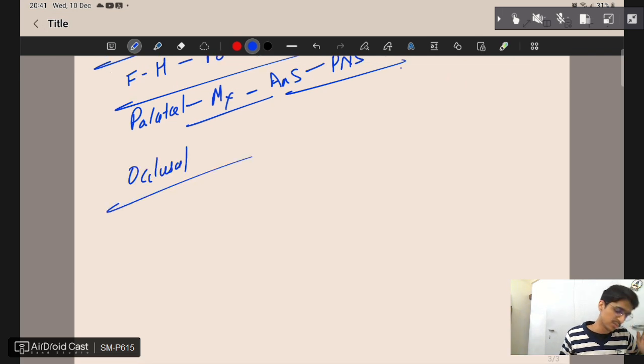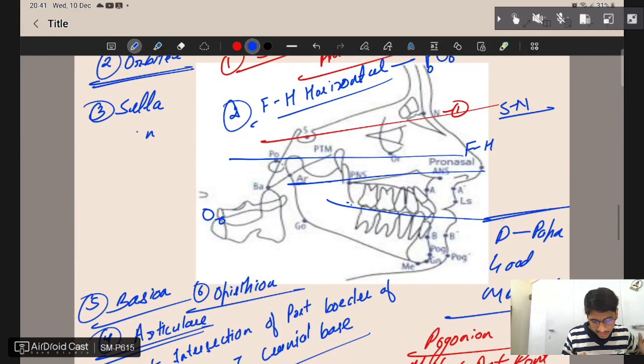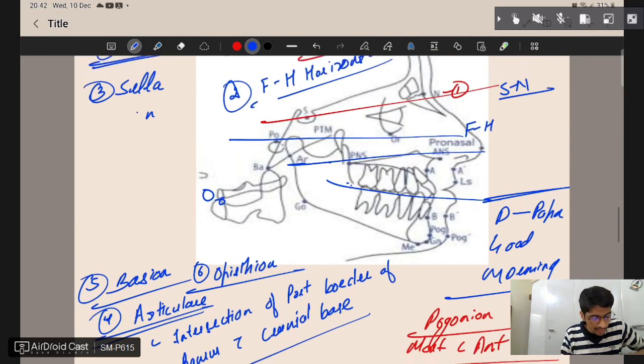There is no specific landmark for the occlusal plane. We just take it between the intercuspations. This is your occlusal plane. And the last is the mandibular plane.